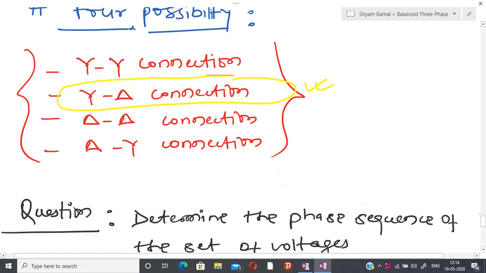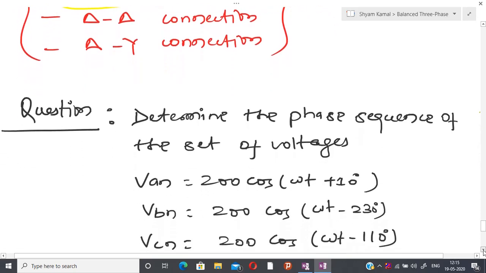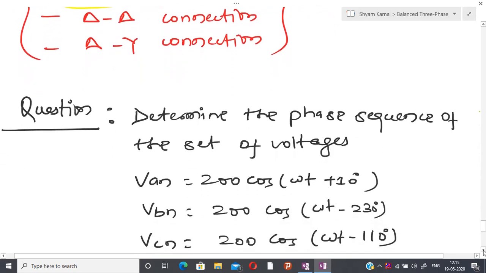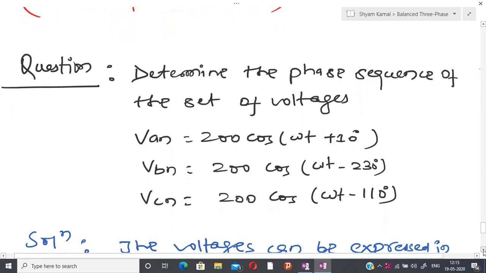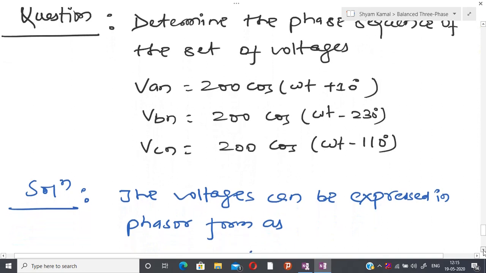Now let us come to one numerical example. Actually, in this course I have just defined the definitions, so basically not many difficult numerical problems are involved. Just connecting the source is very important. If you have to connect motors, then the sequence plays a very important role.